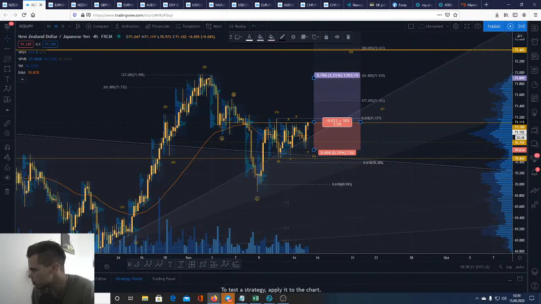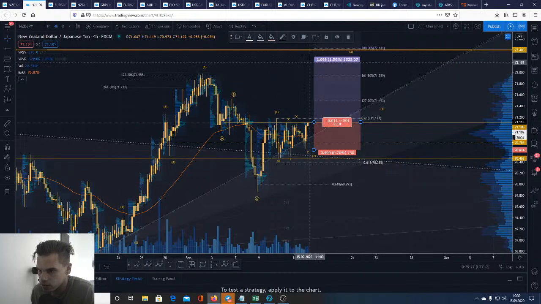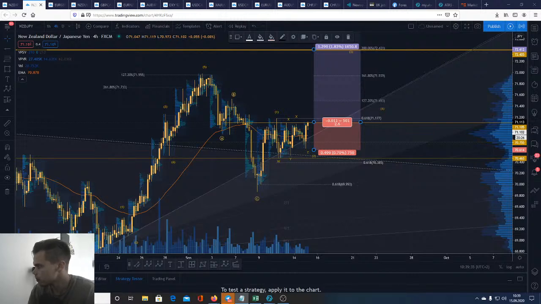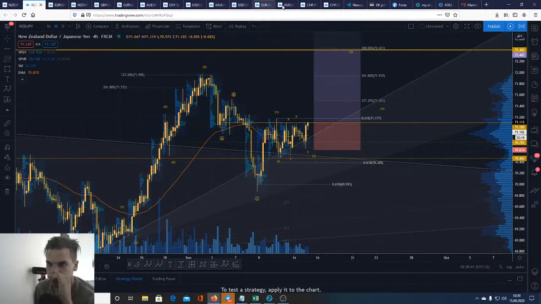Top one is this peak, 71. Target 3 is here. This is a potential setup.